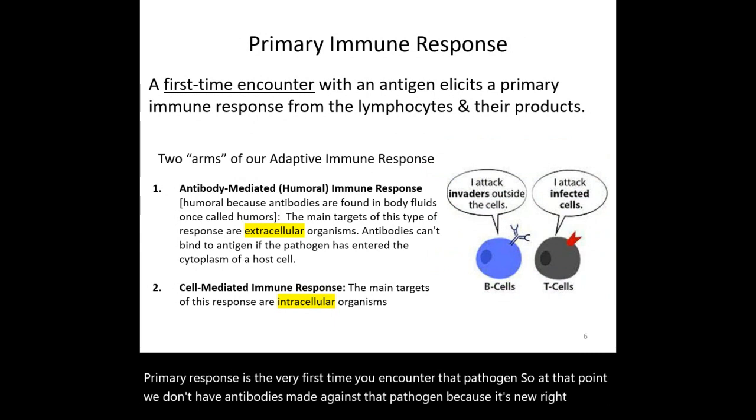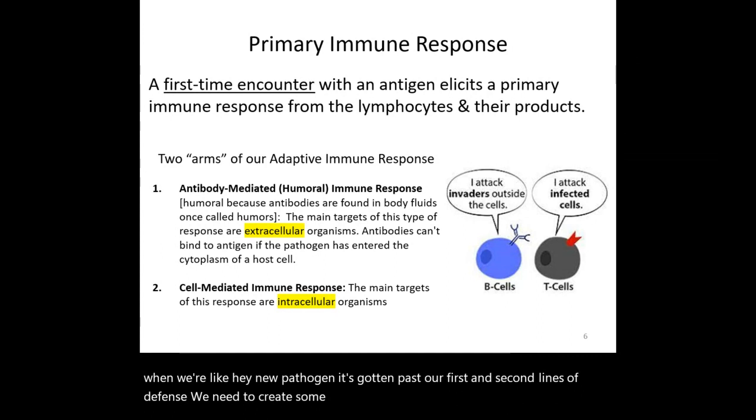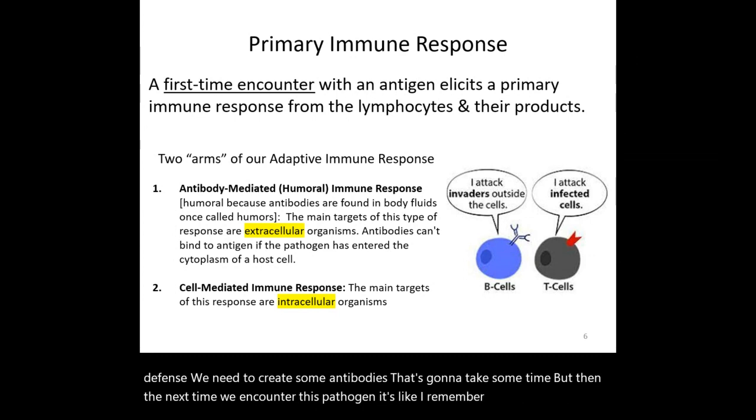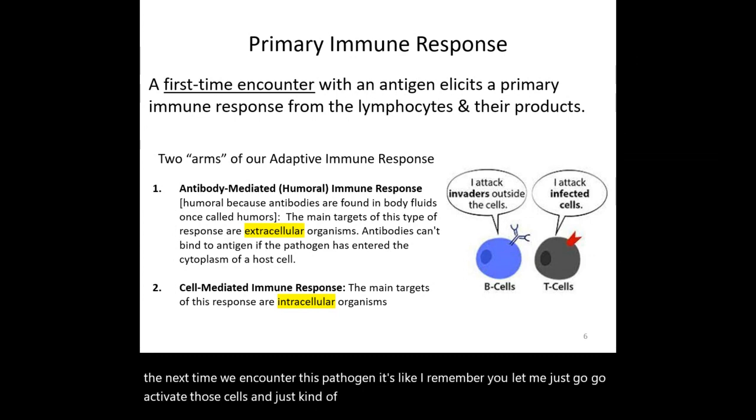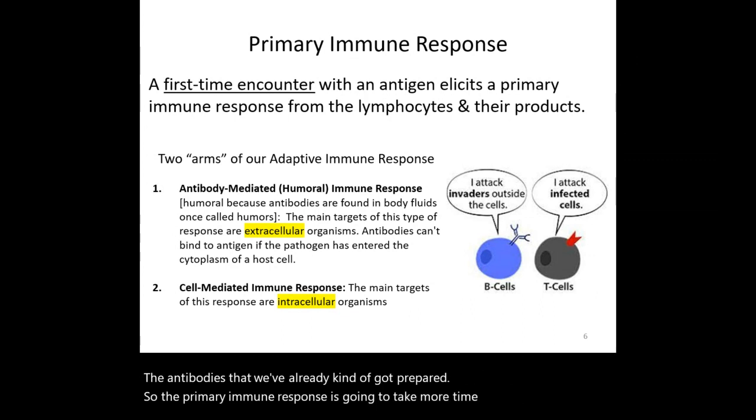So when we're like, ooh, hey, new pathogen, it's gotten past our first and second lines of defense, we need to create some antibodies. That's going to take some time. But then the next time we encounter this pathogen, it's like, ooh, I remember you. Let me just go activate those cells and mass produce the antibodies that we've already kind of got prepared. So the primary immune response is going to take more time than future exposures to the pathogen.